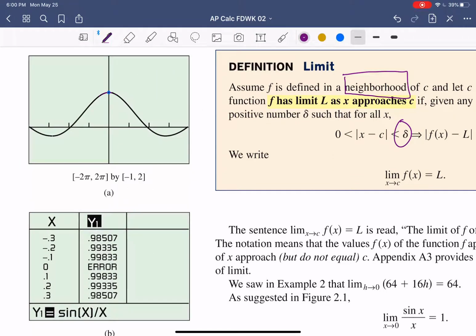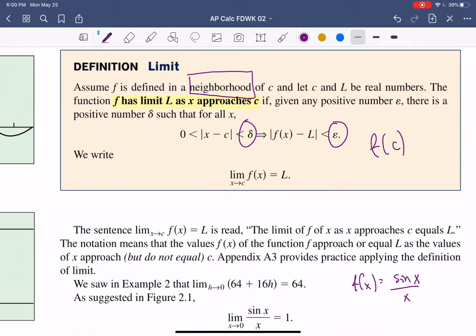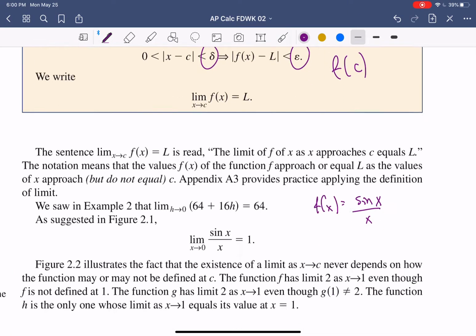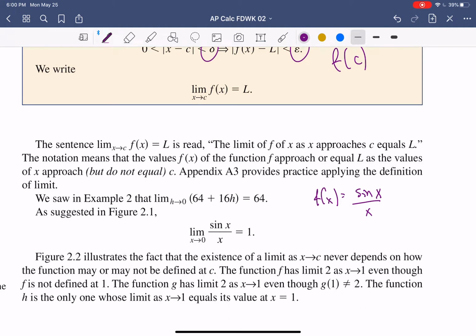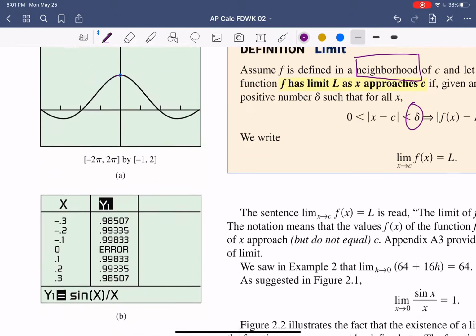But we can see an issue with this because if we try to plug in 0, we get the sine of 0 divided by 0, right? We get 0 divided by 0. We don't know how to divide by 0.